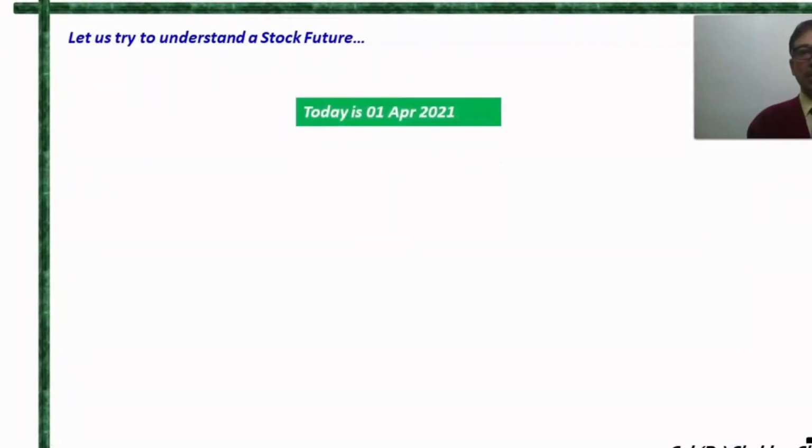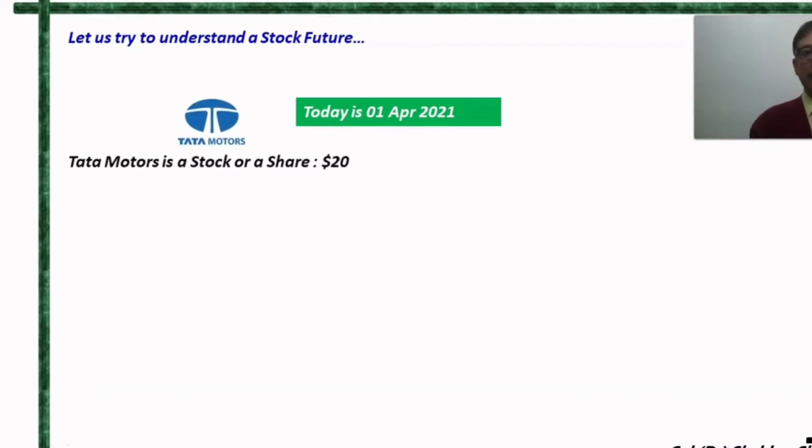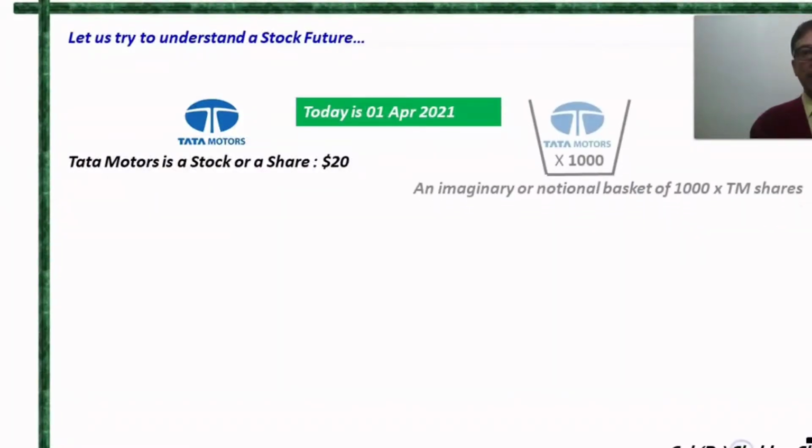Let us try and understand what are stock futures or future contracts. All right. So let us say today is 1st of April 2021, just hypothetically for the sake of understanding. And today the shares of Tata Motors are trading at 20 rupees a share at the stock exchange. Tata Motors is an automobile company, alright?